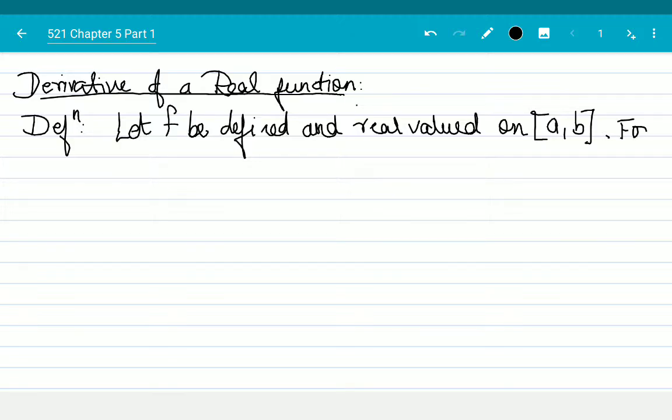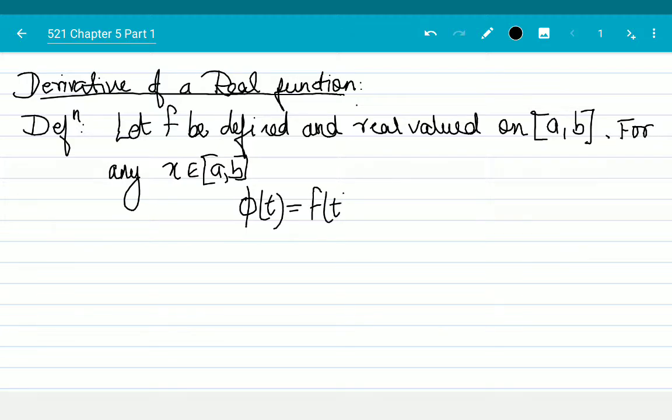For any x in [a, b], say phi of t is equal to f of t minus f of x over t minus x.